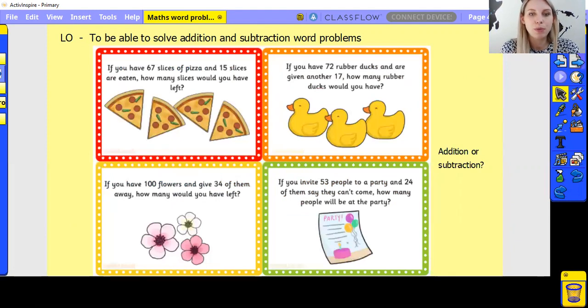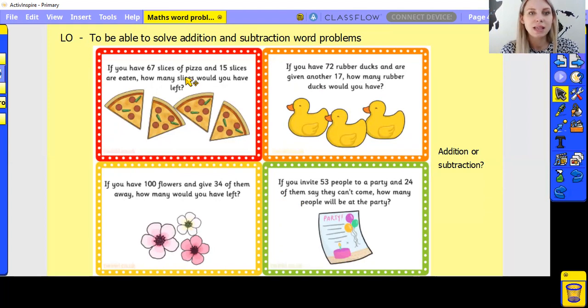So these are some problems for us to have a little look at. We're just going to see if they're adding or subtracting first of all. So if you have 67 slices of pizza and 15 slices are eaten, how many slices would you have left? So the first thing I need to do is try and figure out if it's adding or taking away. Now I'm looking for the word that's going to tell me which one that is.